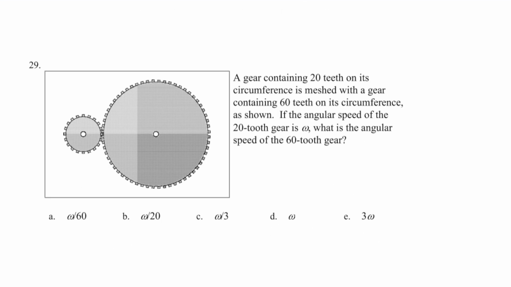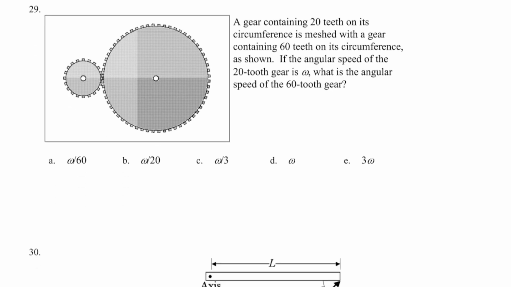A gear containing 20 teeth on its circumference is meshed with a gear containing 60 teeth. If the angular speed of the 20-tooth gear is omega, what's the angular speed of the 60-tooth gear? Well, if these two gears are in contact with each other, this means that v is the same. So omega r for the first gear is equal to omega r for the second gear.